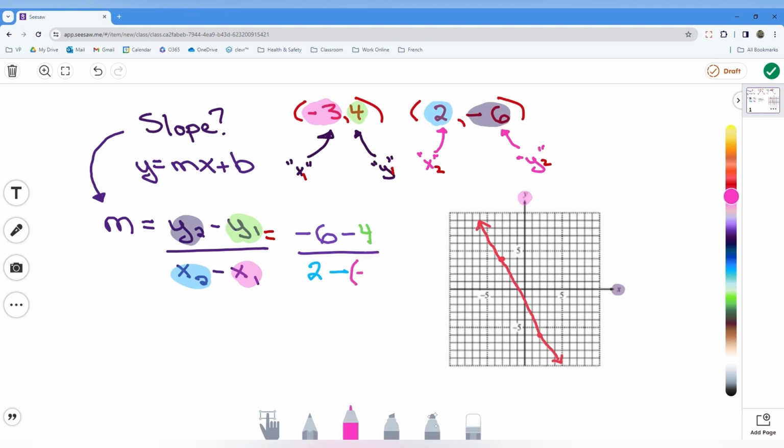Now let's put brackets around that just so that we don't forget that we are subtracting a negative number, because when you do that, subtracting a negative actually turns that into addition. So in the denominator, we actually have 2 plus 3, making 5. In the numerator, we have -6 minus 4 more, which is -10. -10 divided by 5 is -2. So that is the answer for our slope of a line.